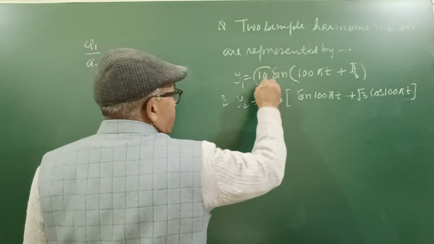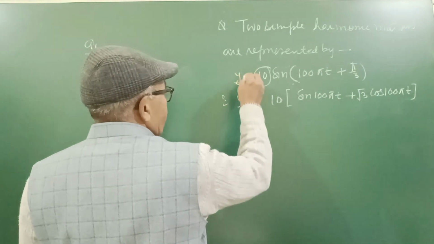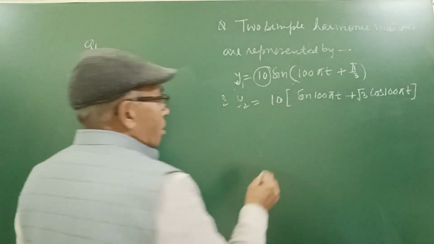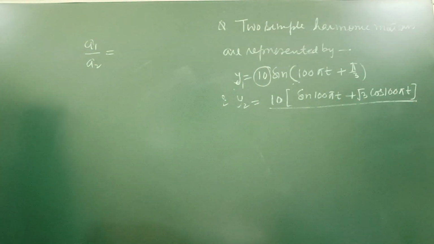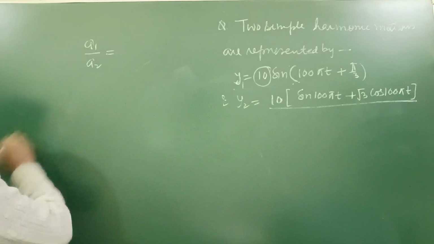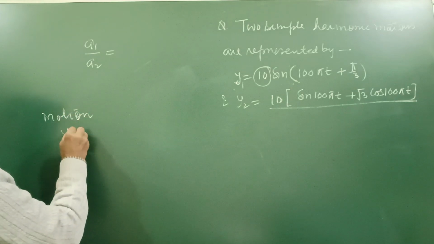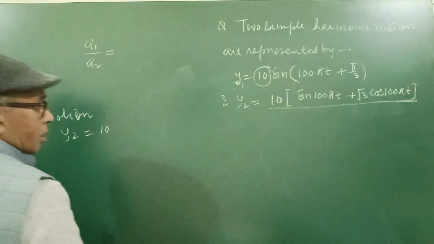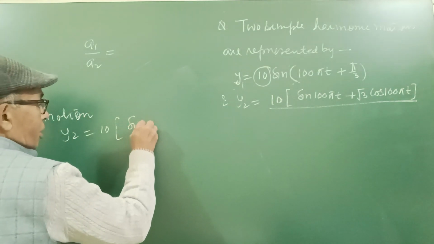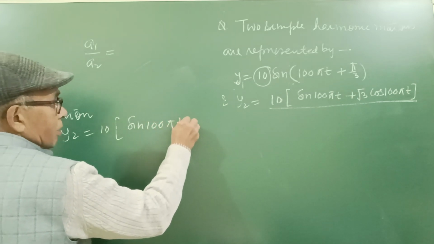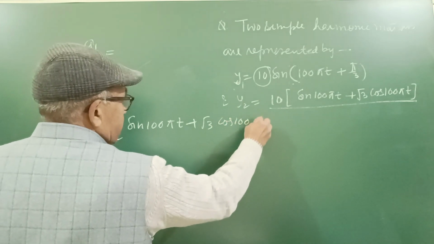So y1 is clearly 10. The amplitude of the motion represented by y1 is 10. But here, motion y2 is equal to 10 (sin 100 pi t plus root 3 cos 100 pi t).